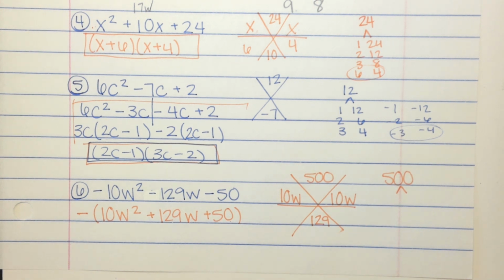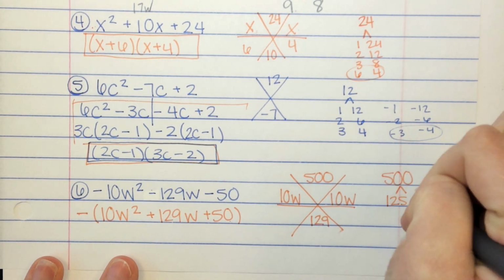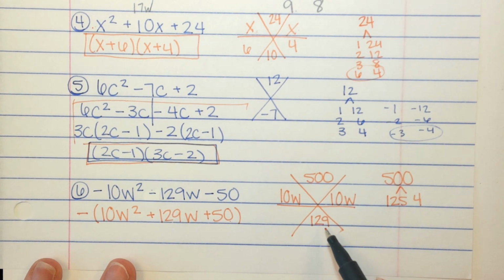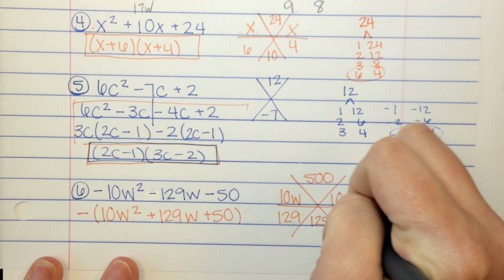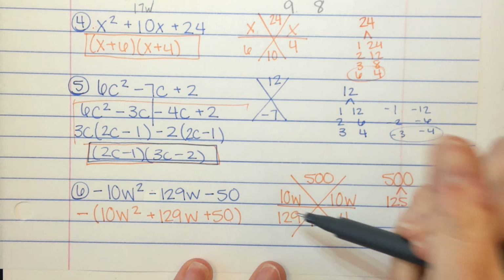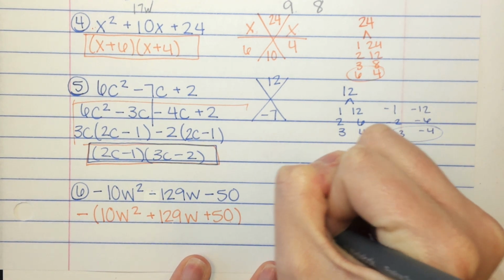What is 500 divided by 4? And you get 125. So 125 and 4. Okay, can that give us a 129? Yeah. So 125 and 4.